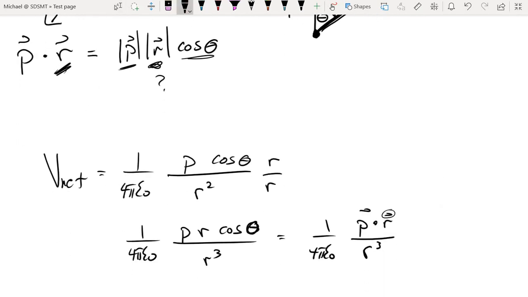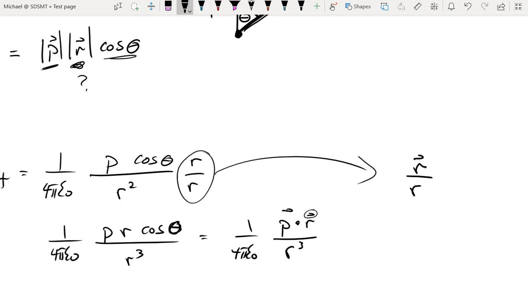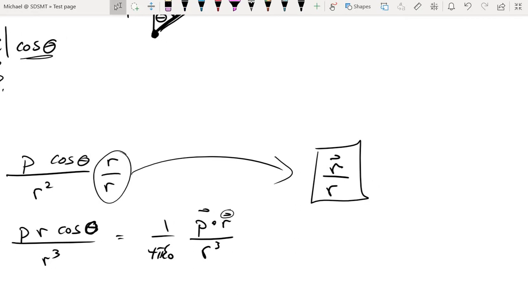And that magnitude of R is eventually going to cancel with one of the R values down in the denominator. And so the fact that you multiplied by 1 to accomplish this, and then we had to turn that into a vector, well, this is a very special type of vector that shows up from time to time in a number of classes. We effectively just have the number 1, but it carries a vector notation.